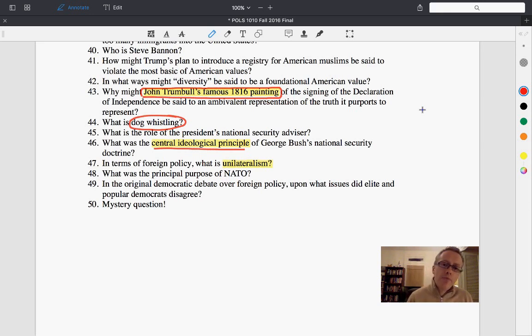So last question, in terms of foreign policy: what is unilateralism? Again, it's an aspect that many people associate with the Bush administration. The United States typically, if it goes into a foreign country, wants to do so with a bunch of allies in order to give its intervention some moral standing. The US did manage to put together a small number of allies with very small contingents of troops, and nominally had the support of NATO in going into Iraq.